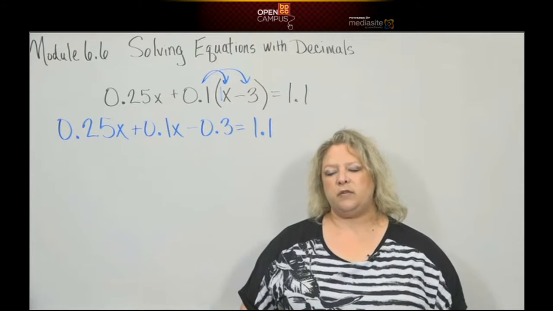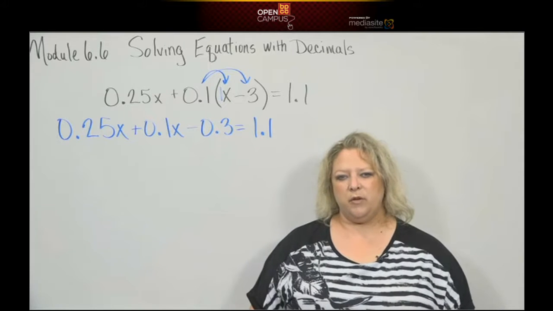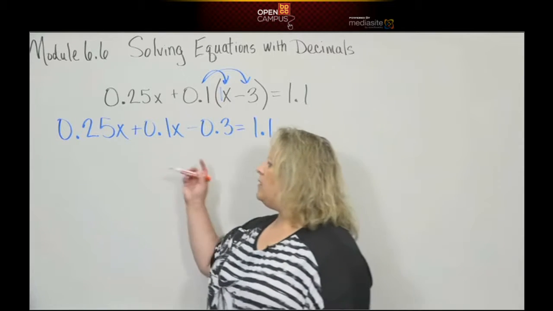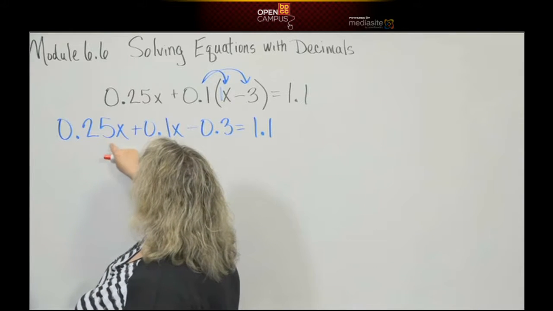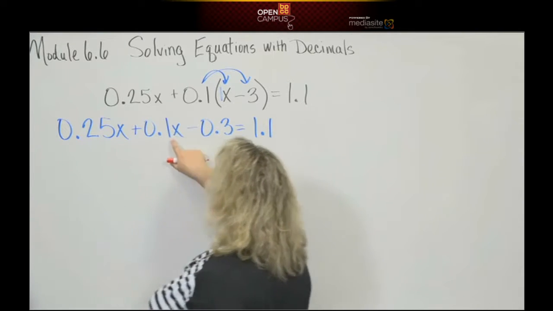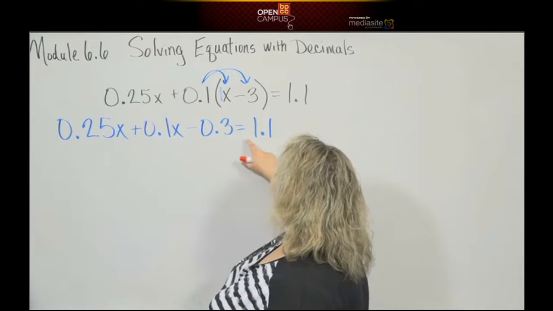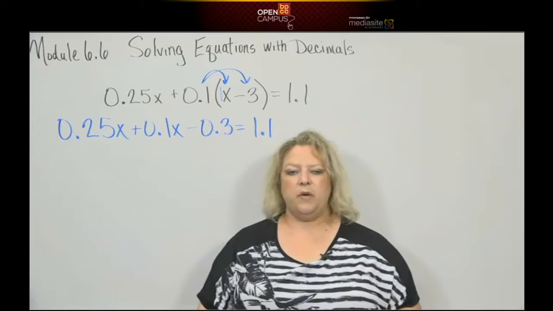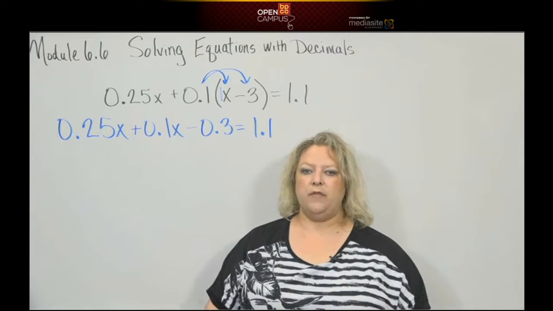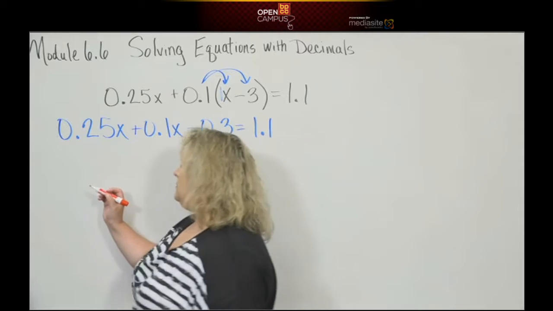That is the one that's going to determine how many places we move it to get rid of the decimal in the whole thing. So if I look here, 0.25, that one has 2 numbers, that one has 1, that one has 1, that one has 1. So the 0.25 has the most number of digits behind the decimal, so that's the one we're going to use.